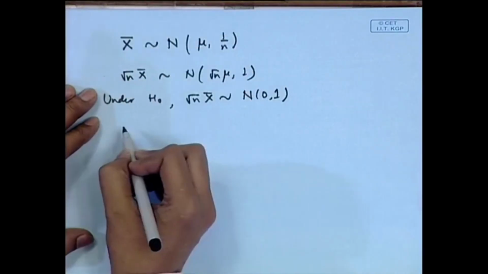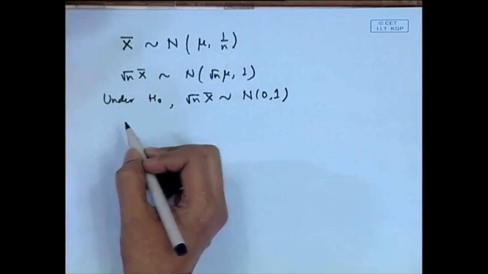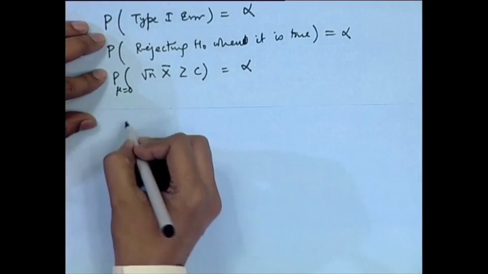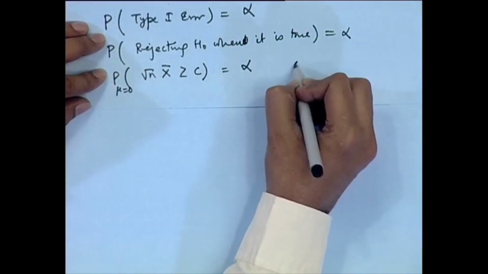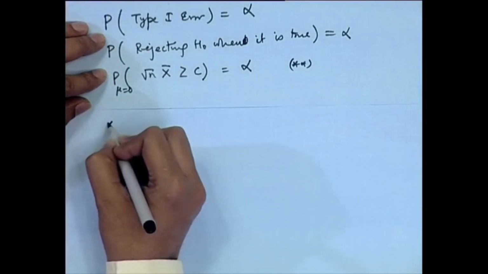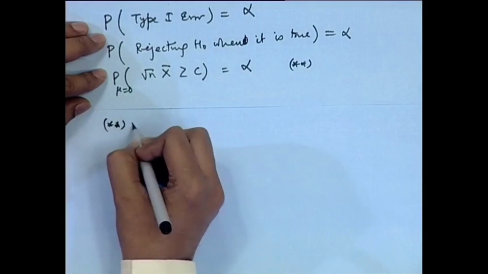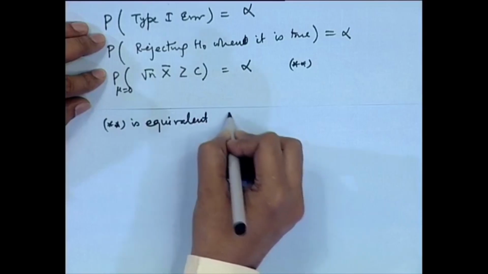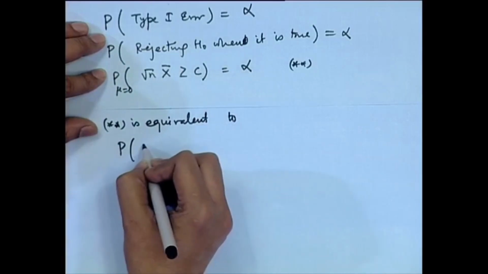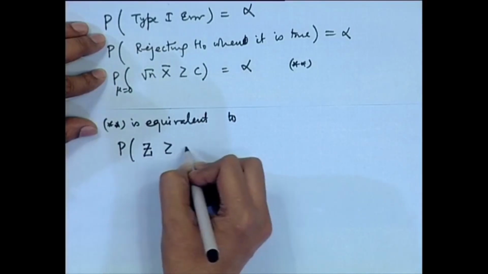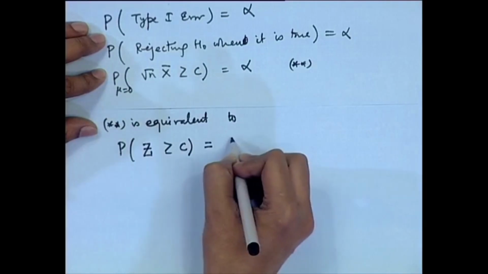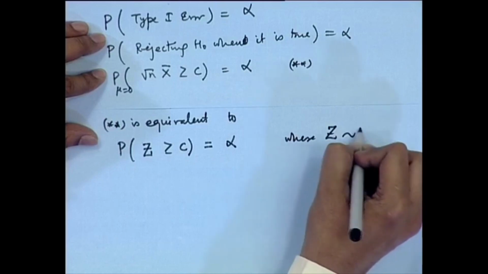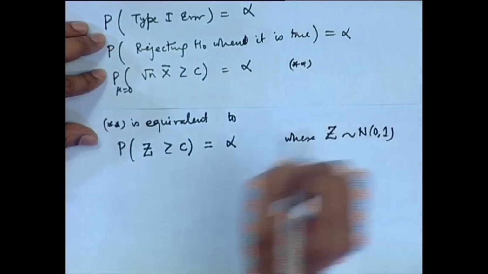So, from here, let me call this statement double star, this is equivalent to the probability of Z greater than or equal to c is equal to alpha, where Z is a standard normal random variable.